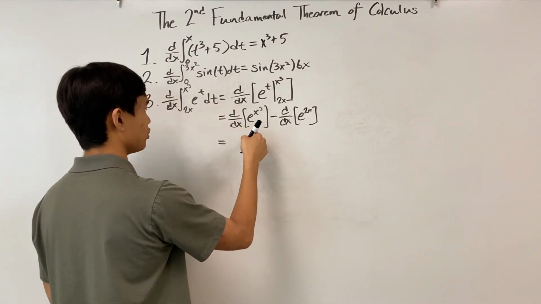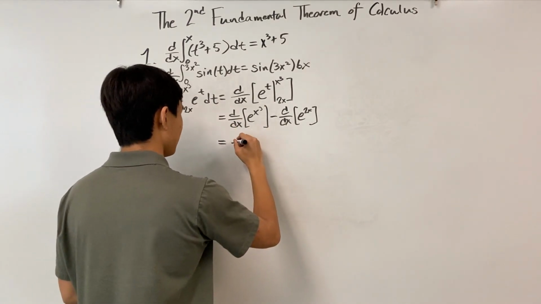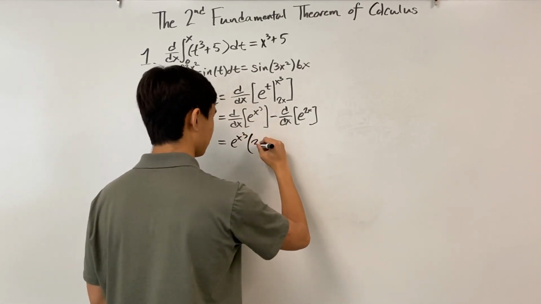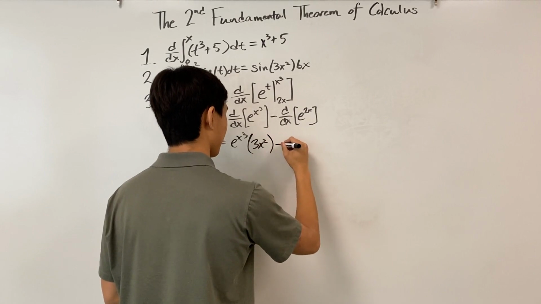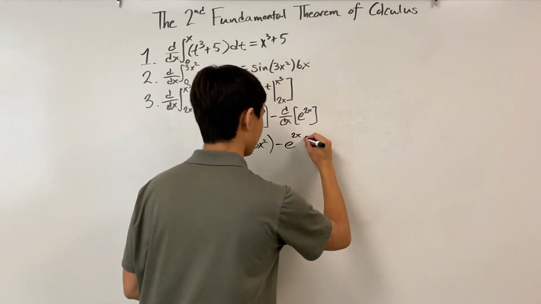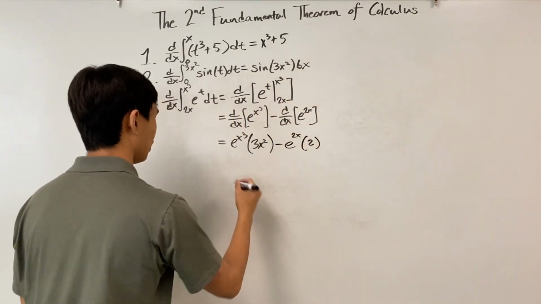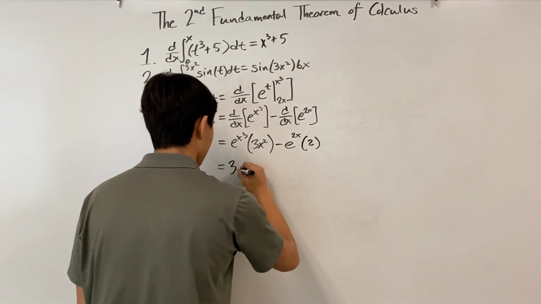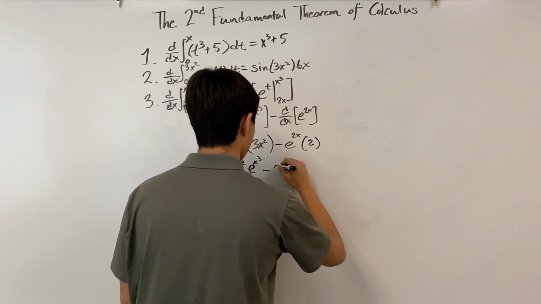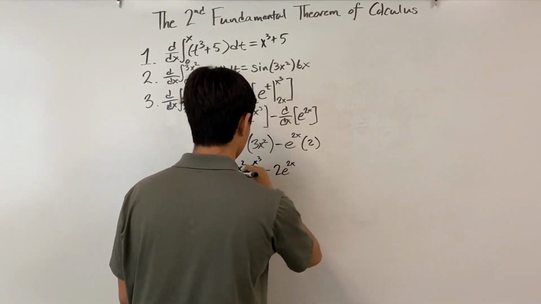So the derivative of this is e to the x cubed times the derivative of x cubed minus e to the 2x times the derivative of 2x. So altogether this is 3x squared e to the x cubed minus 2e to the 2x.